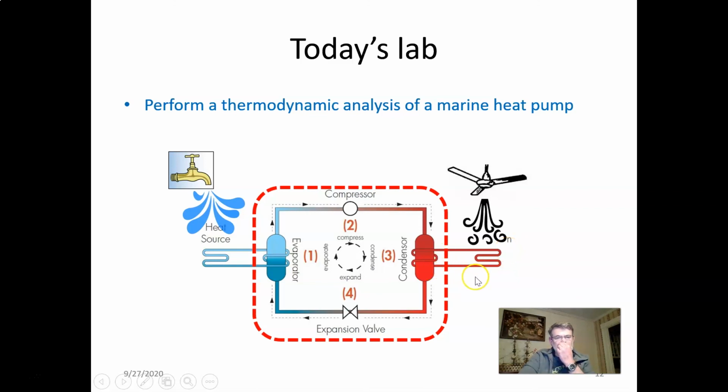And then we can reverse it. During the cooling operation, the flow of the R22 is reversed, and the low pressure, low temperature refrigerant takes heat from the liquid-to-air heat exchanger in that area.